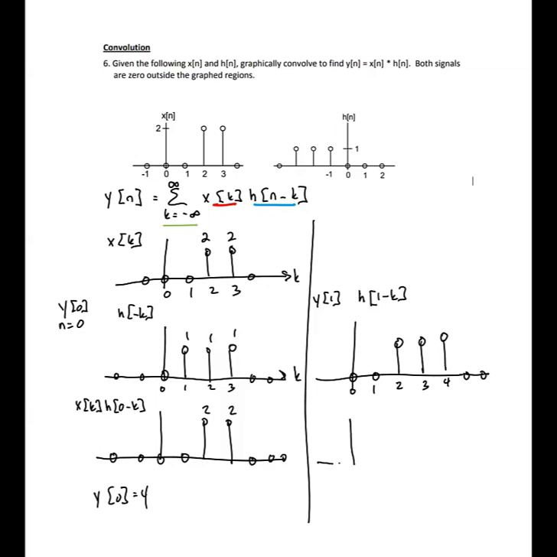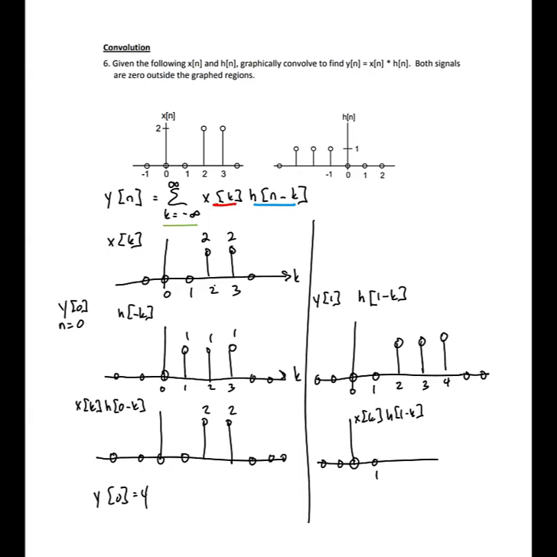Now when we multiply our x of k with a shifted h of 1 minus k, we get zeros on the left. At 0, we have 0 times 0, so that's 0. At 1, we have 0 times, doesn't matter, it's going to be 0.